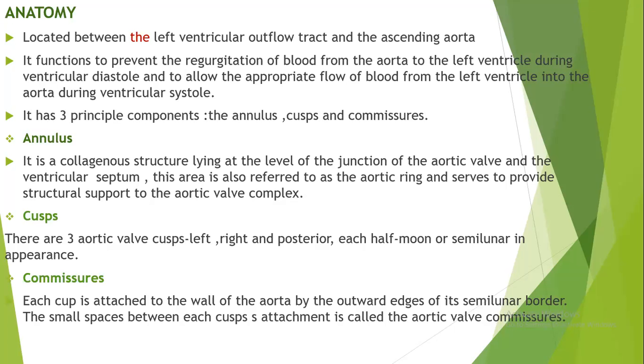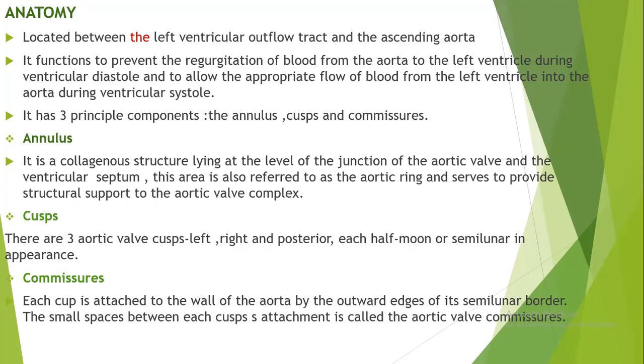Because the valve is located between the left ventricular outflow tract and the ascending aorta, it prevents the regurgitation of blood from the aorta to the left ventricle during ventricular diastole, to allow the appropriate flow of blood from the left ventricle into the aorta during systole.